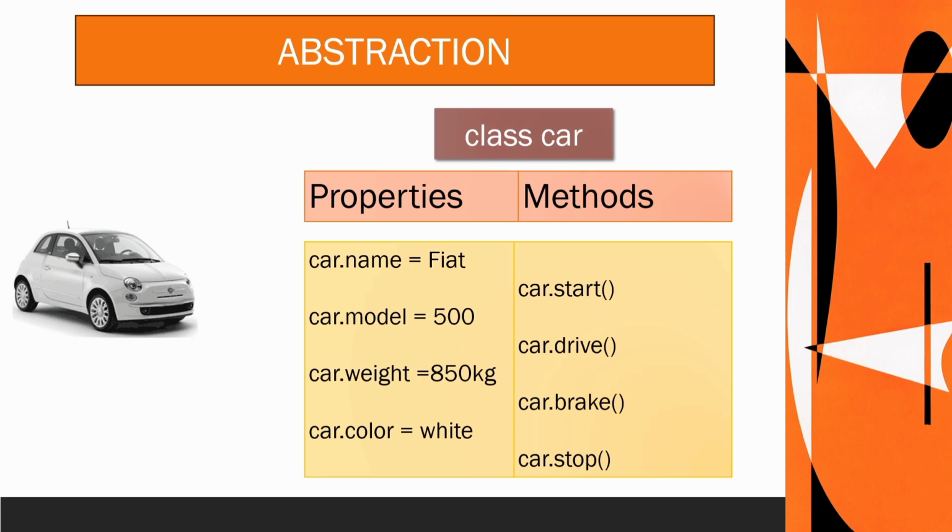So when I create one Hyundai car, I cannot access these properties when I put them in private. So this is the abstraction.